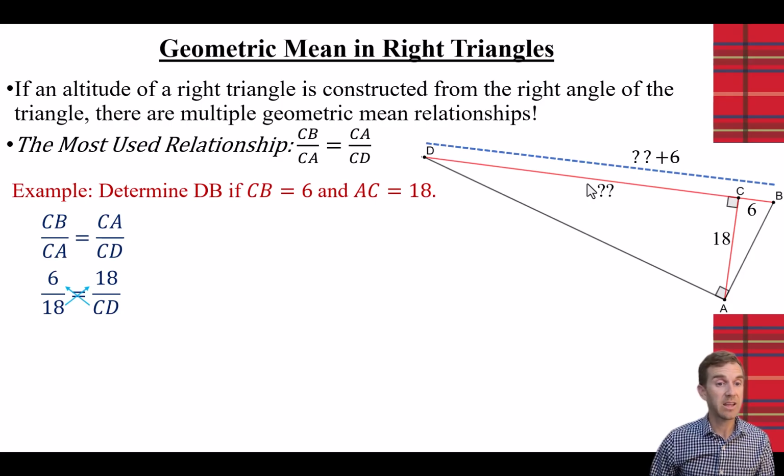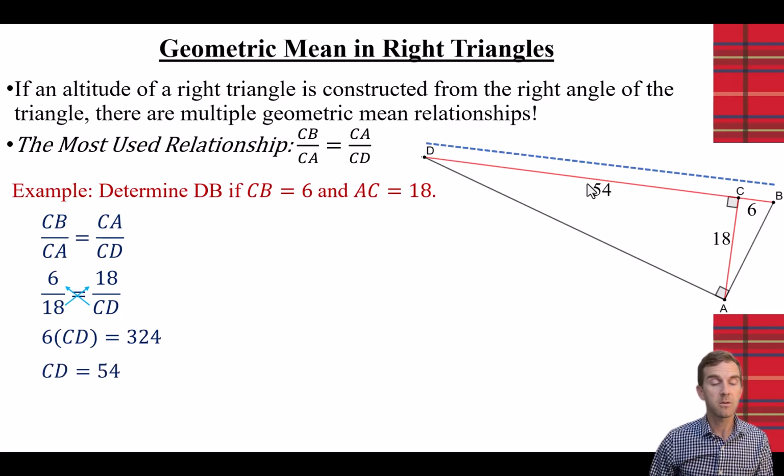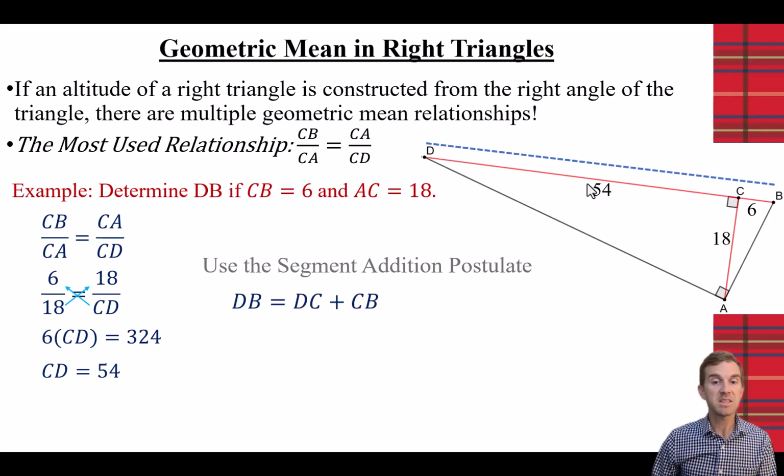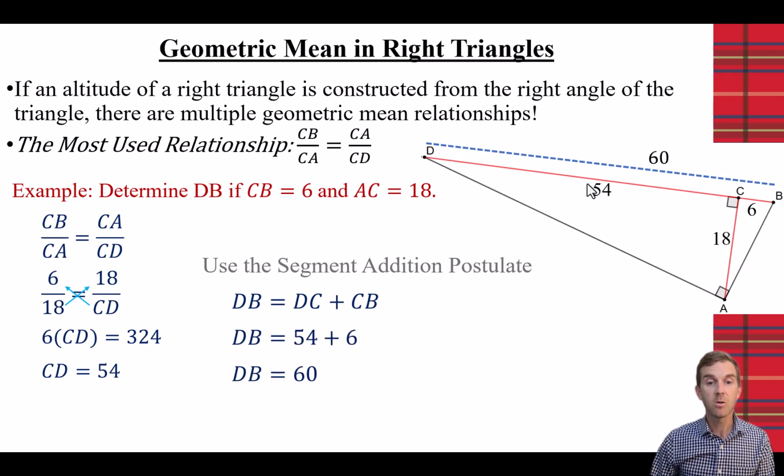I cross multiply here, and then I can divide both sides by 6 to get 54. Now that I have that smaller part, I can then use segment addition postulate to create the entire length of the hypotenuse, DB. Because I know that DB has to equal DC plus CB. So that's 54 plus 6, which means that the hypotenuse of this triangle would be 60.